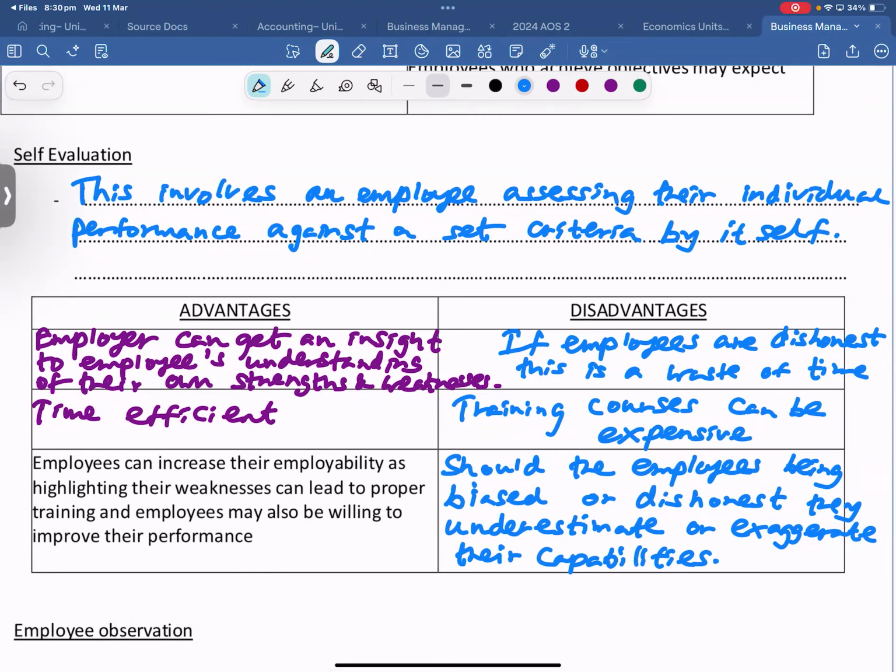However, practically, do you think that with self-evaluation, let's say we give you a test and then you mark it yourself, sometimes you can be biased, right? Dishonest.